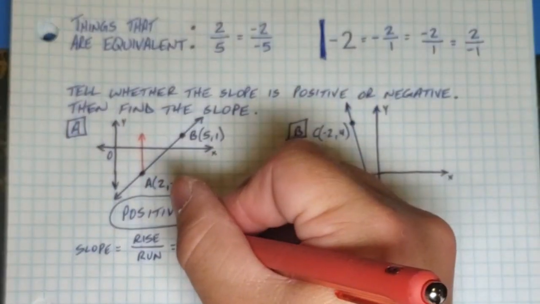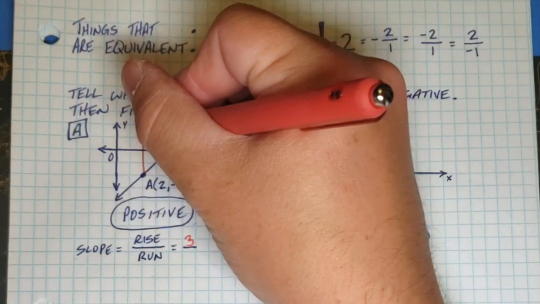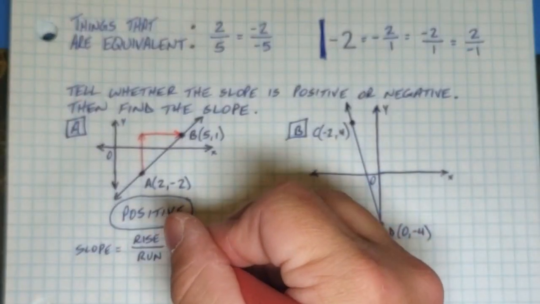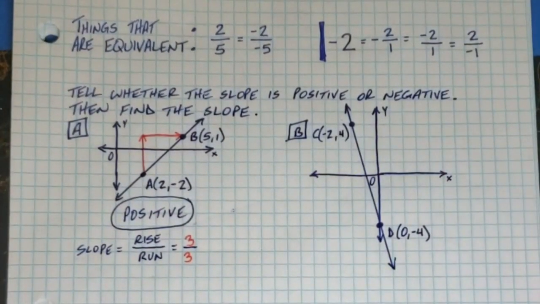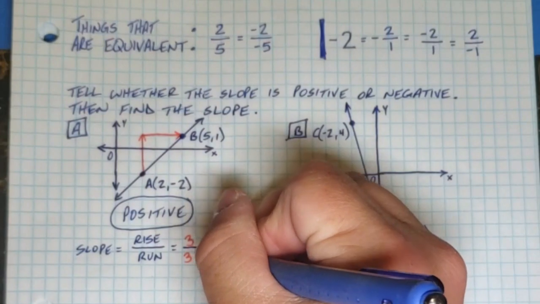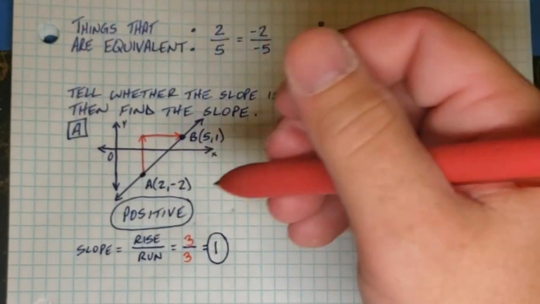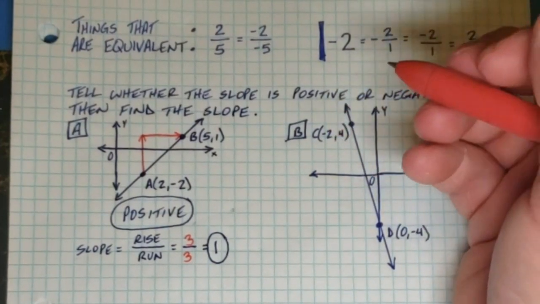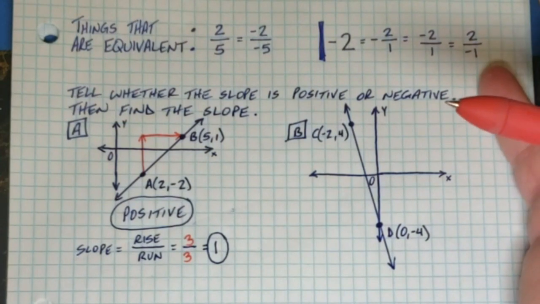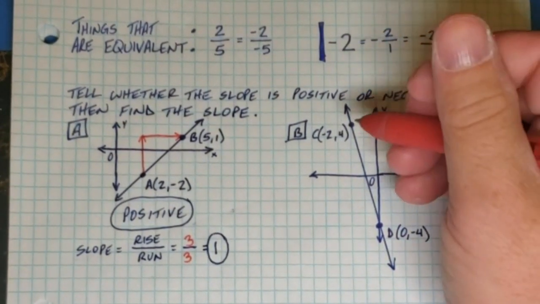So that would be a +3. And then I would move to the right 3 spaces, which would also be a +3. And 3 divided by 3 is 1. So the slope is 1. And just for argument's sake, let's say I went the other way. Let's say I went from B to A. You don't have to do these both ways, but I want you to see it both ways so that you know it works out to be the same.